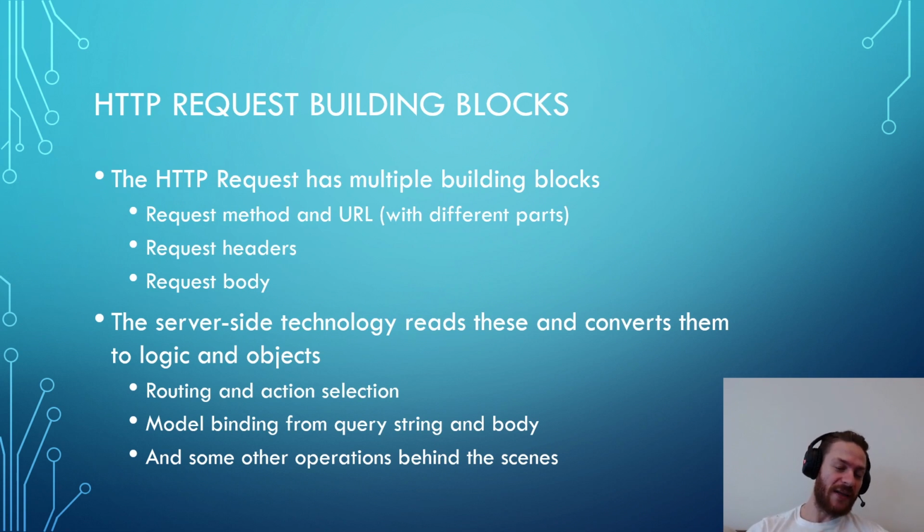So the model binding is not magical, it just parses the request body. And if the request body is in the format that the model binding accepts, you are good to go. So it's very interesting to understand how different HTTP bodies are bound behind the scenes.